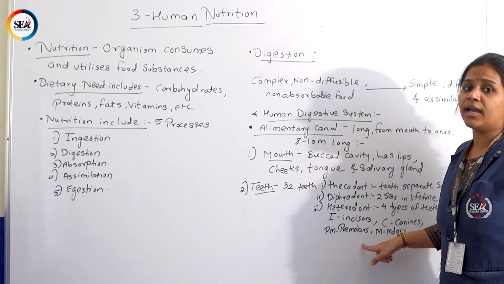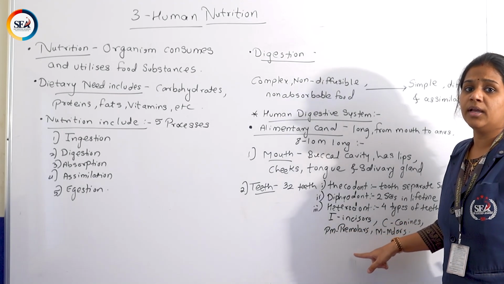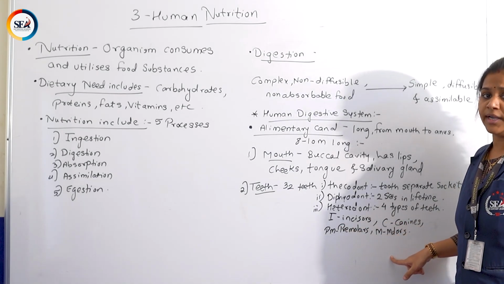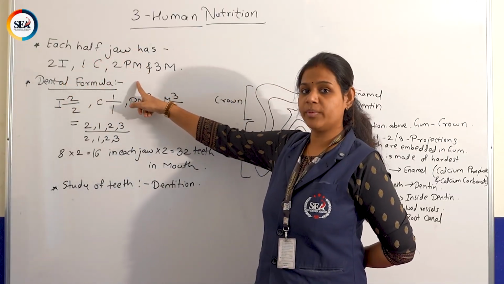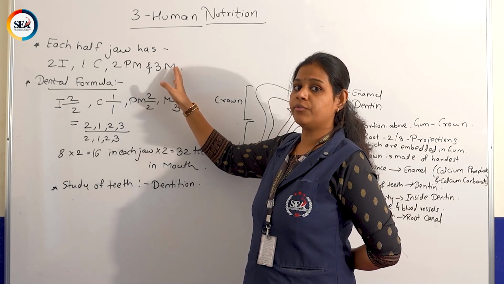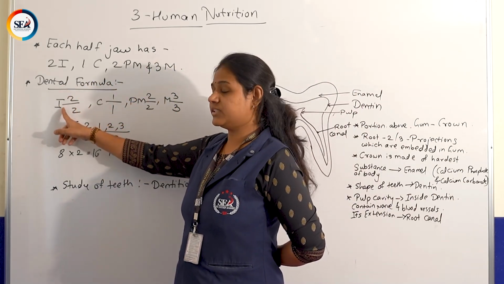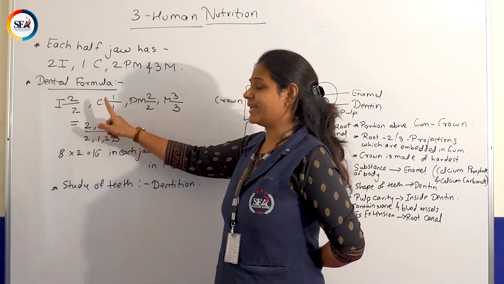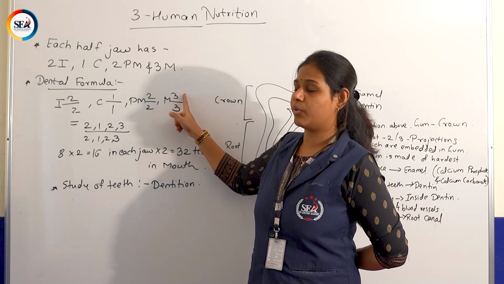Based on these, we are going to see the formula of our dentition. Each half jaw has 2 incisors, 1 canine, 2 premolars and 3 molars. So the dental formula: incisors 2 upon 2, canines 1 upon 1, premolars 2 upon 2 and molars 3 upon 3.